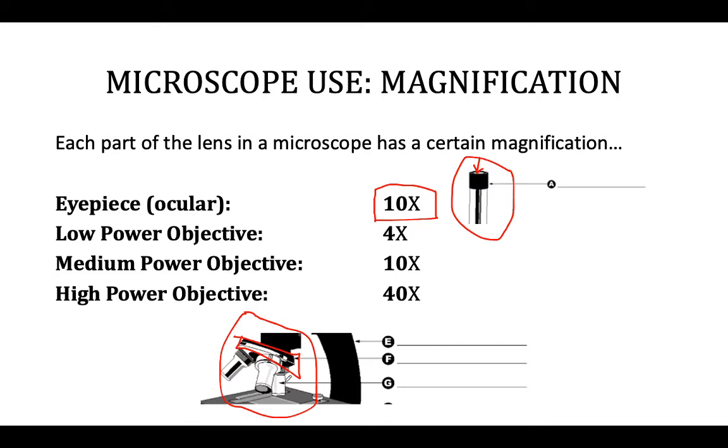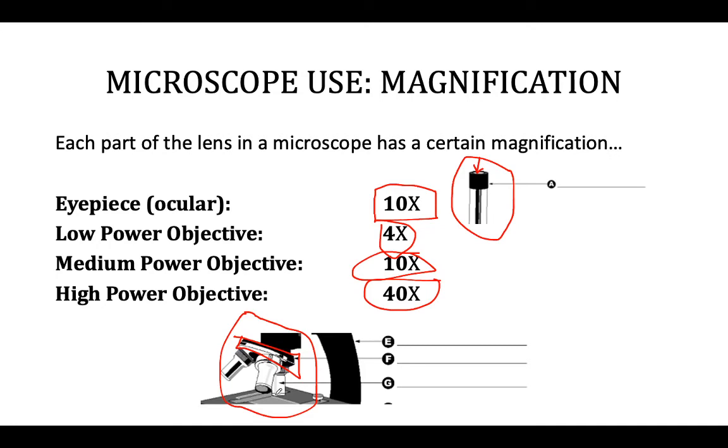Each of these different lenses has a different level of magnification. The low one has 4 times, the medium one is 10 times, and the high power one is 40 times. For now, I just want you to know the magnification of each of these things individually. If you're looking through the low power objective and nothing else, not even the eyepiece, you will see things 4 times closer.